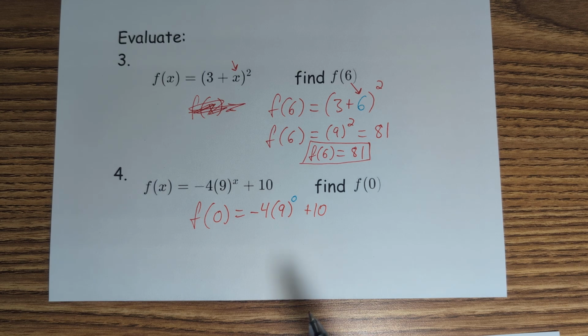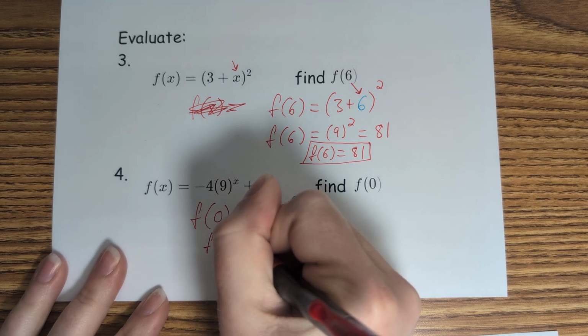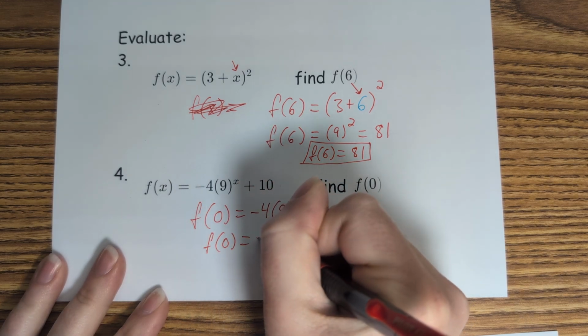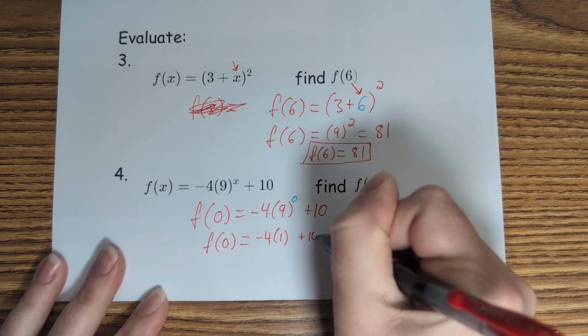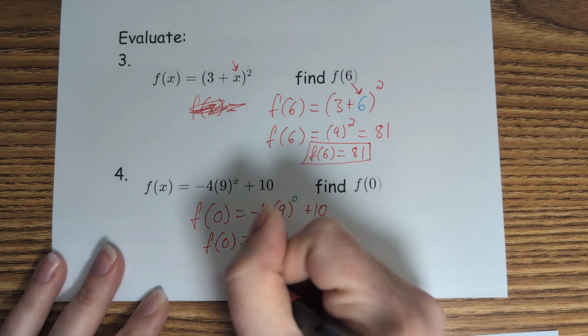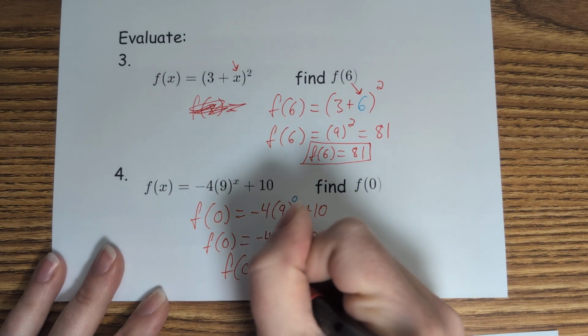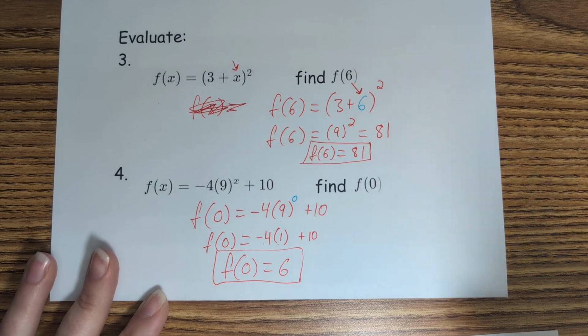Now, order of operations, exponents come first, so I have to do 9 to the 0 power. Hopefully you remember that anything in the world to the 0 power is actually 1. -4 times 1 is -4, so this turns into -4 plus 10, and I would have f of 0 equals -4 plus 10 is 6.